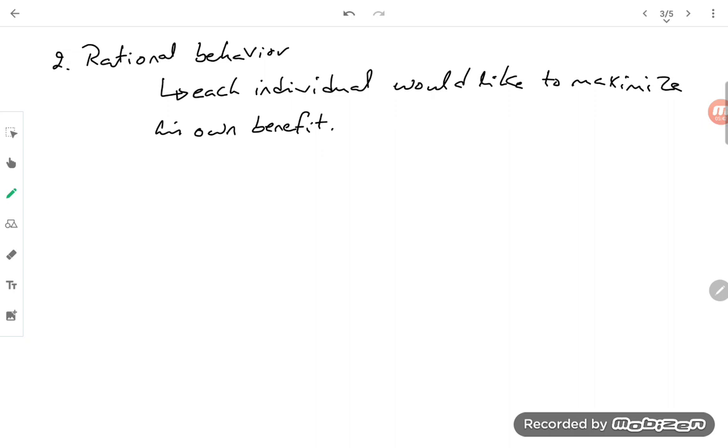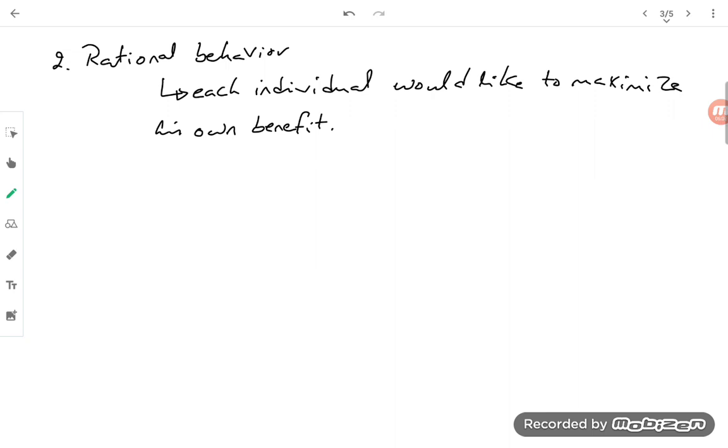So the consumers are not going to pay for any commodity unless they get the maximum satisfaction from the money spent on this commodity. And the same for producers. They are not going to produce any commodity unless they can make the maximum profit from producing it.